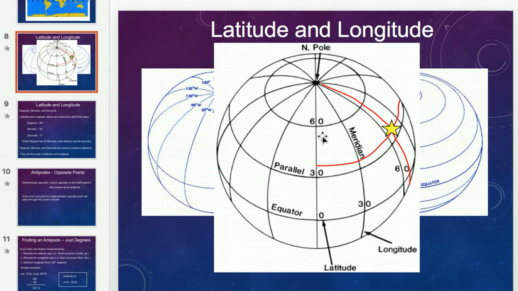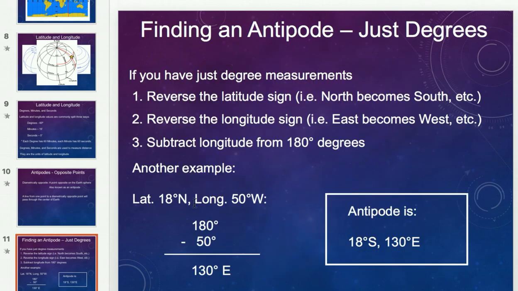If you go in at 18 degrees north, which is about right here, it's a little less easy to see when it's not so dramatic, but if you came in at the northern part, you would come out on the other side at 18 degrees south. That's pretty easy, but you're not going to have the same longitudinal coordinate. It's going to be at the other end, and all you have to do to find that is subtract it from 180, so it'll come out at 130 degrees east. Alright, so that's pretty easy.